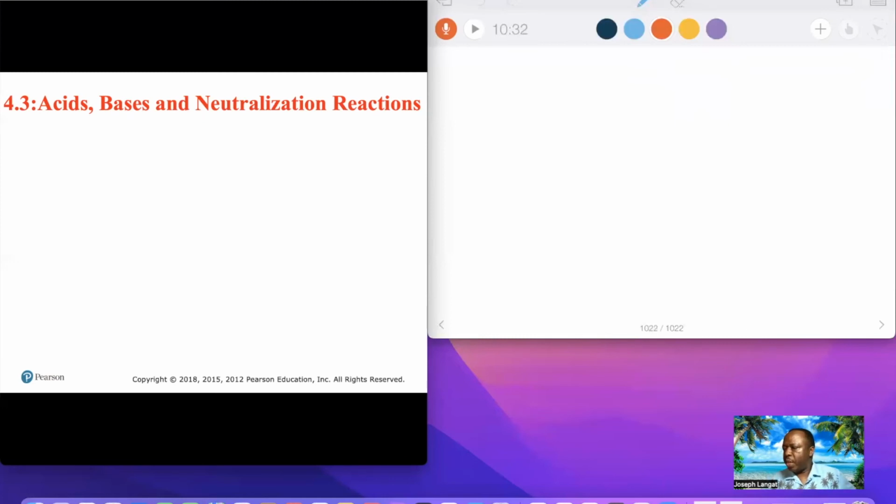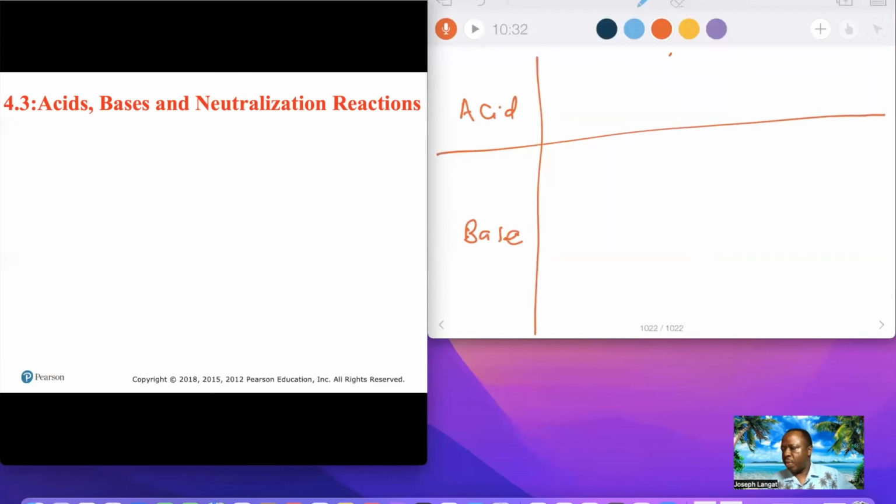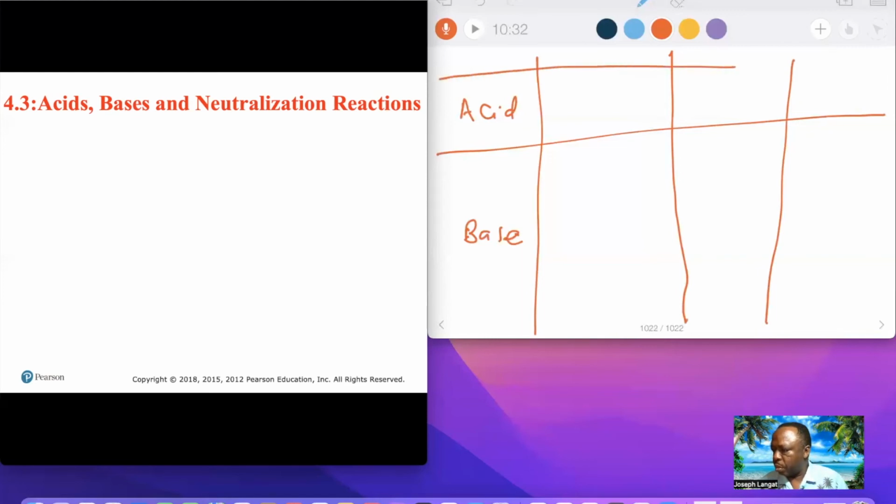There are three types or three versions of the definition of an acid and a base here. You should draw a parallel.